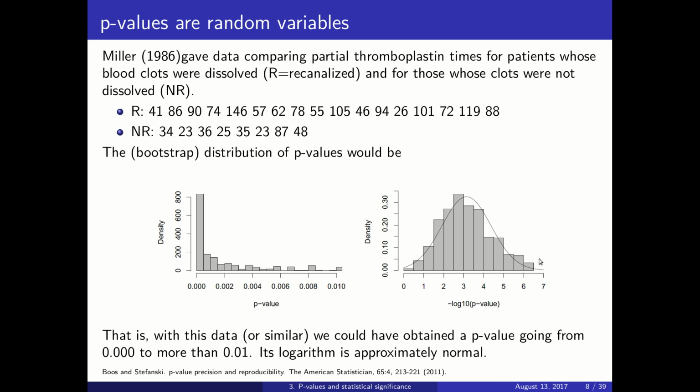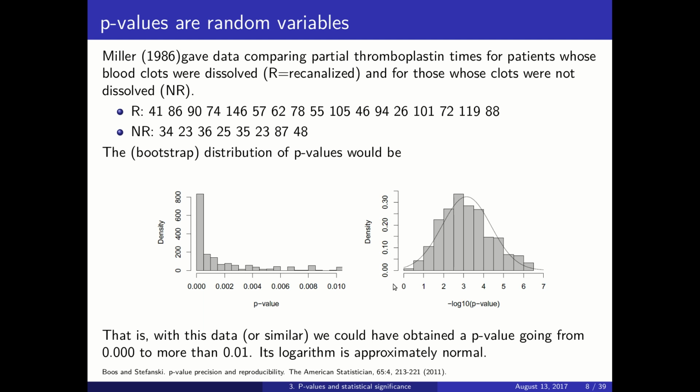What we were not aware of is that it can go really from 10 to the minus 1 to 10 to the minus 7. 10 to the minus 7 means extremely significant. With 10 to the minus 1 we wouldn't reject the null hypothesis. And actually the p-value here in the logarithmic scale looks more or less like a normal, so you can assume it is a kind of log normal.